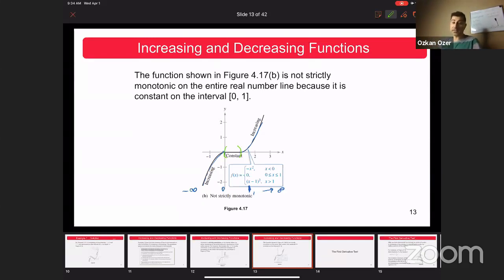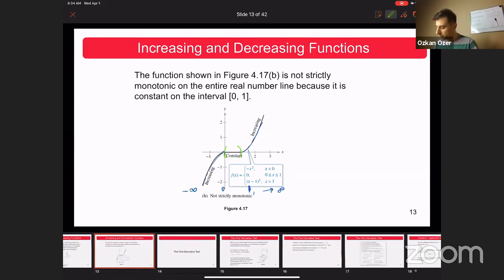So essentially, it's not increasing or decreasing at all. That constant behavior prevents us from calling this function a monotonic function. Okay, so for a function to be monotonic, it should strictly increase or decrease, whichever is applicable. Okay. All right, let's just keep going.